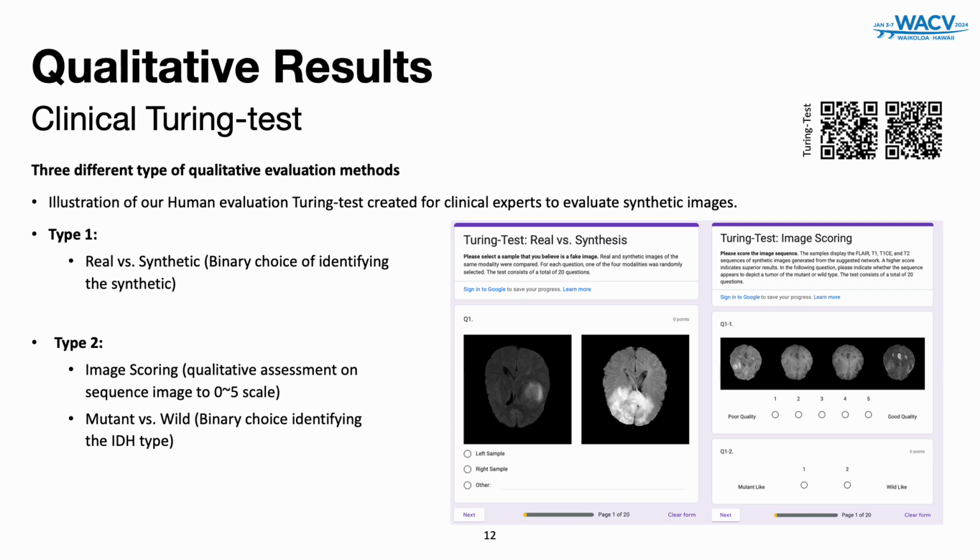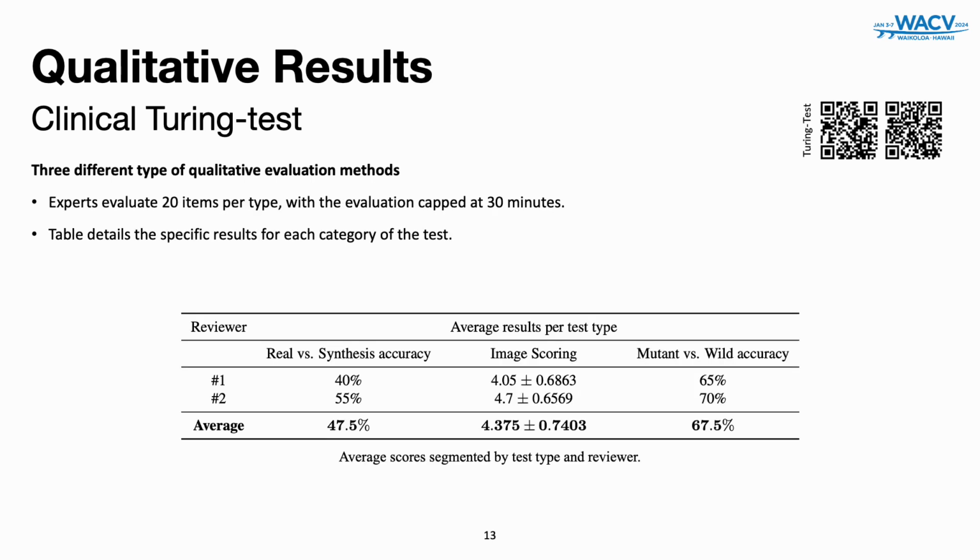Type 2 entails a qualitative assessment where experts rate a sequence of generated MR images on a 0 to 5 scale, also considering whether the sequence represents the appearance of a tumor with an IDH mutant-like or wild-like phenotype. Experts evaluate 20 items per type, with the evaluation capped at 30 minutes. The results were affirmed by clinician reviewers to be of high quality, reflecting the characteristics of the input prompt.